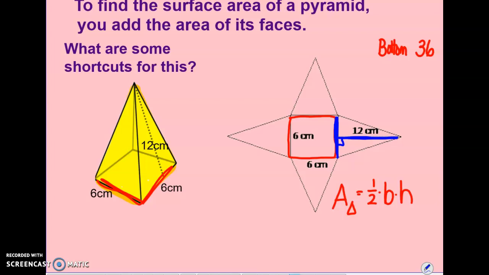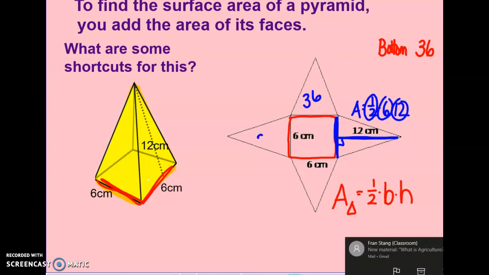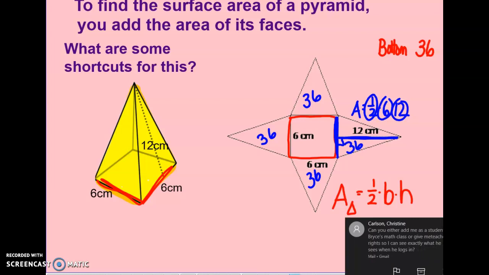So the area of this triangle would be half of 6 times 12. Now remember, with multiplication, it is commutative. I can do it in any order. So I'm going to think in my head, half of 12 is 6. And 6 times 6 is 36. So each one of these triangles here has an area of 36. Okay, so those all have an area of 36.